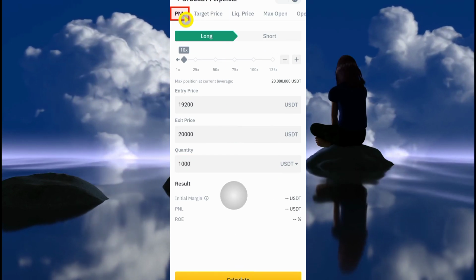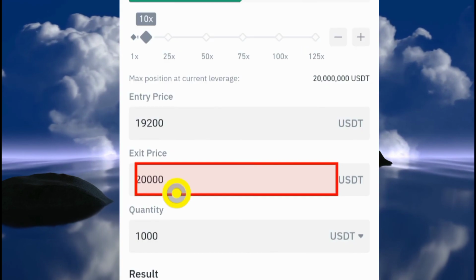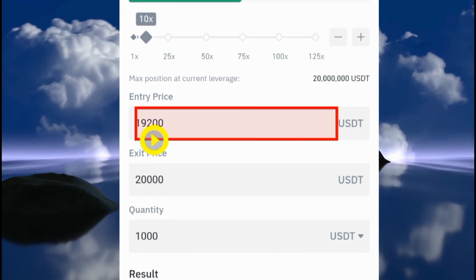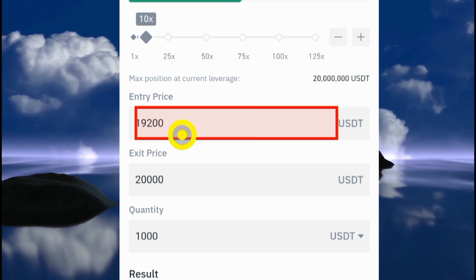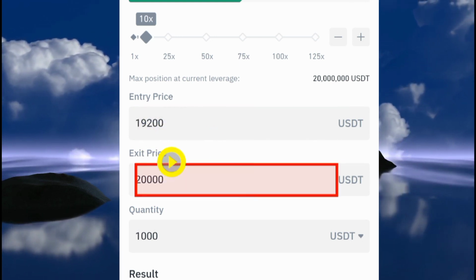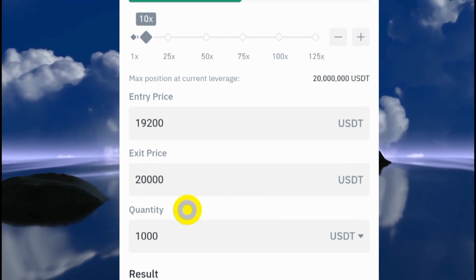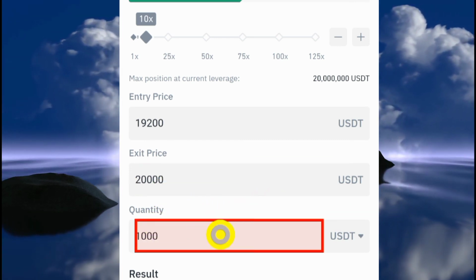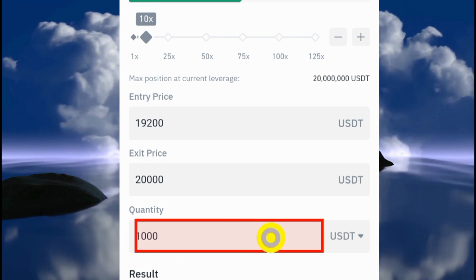So if you want to calculate your profit, all you would have to do would be to fill in these details here. Fill in the current price of your asset, in this case Bitcoin, we are at 19,200. Your exit price, at what price do you want to take your profit, which is $20,000. What quantity of USDT are you going into this transaction with, and in this case it's 1,000 USDT.